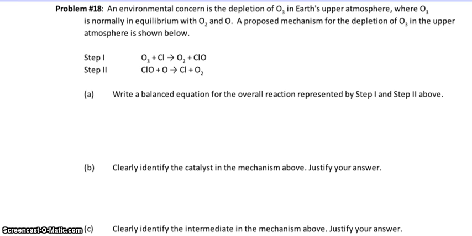It says write a balanced equation for the overall reaction represented by step one and step two above. This is just like Hess's law, so cancel out whatever you can that you find on both sides of the reaction.